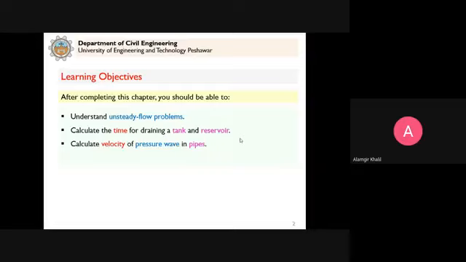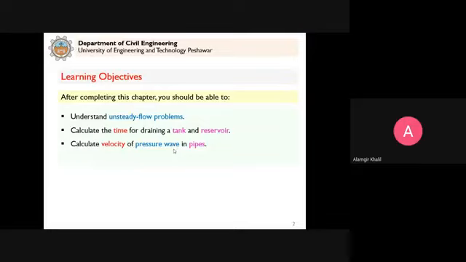Since the kinetic energy is destroyed, we already learned from the law of conservation of energy that energy cannot be created nor destroyed, so it converts into another form. When the kinetic energy is destroyed, the pressure is increased. As a result, a pressure wave is set up, and this pressure wave will travel back and forth. We are interested in calculating the velocity of these pressure waves.